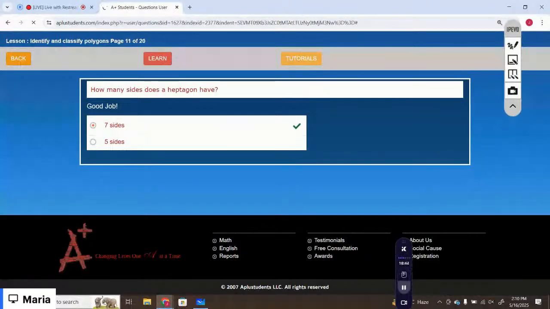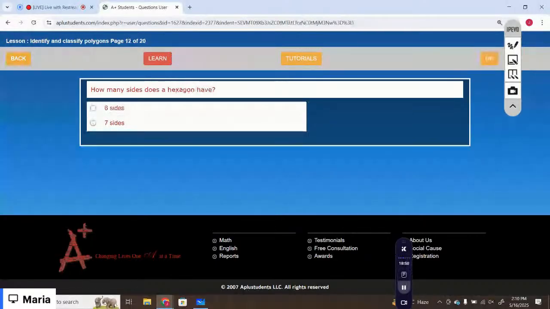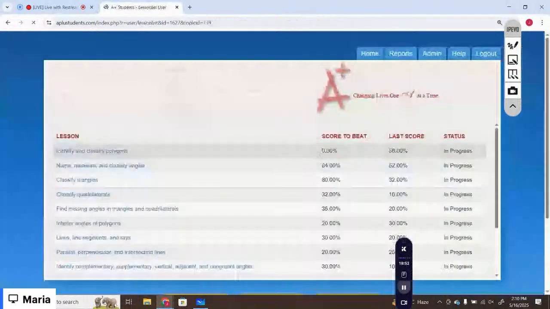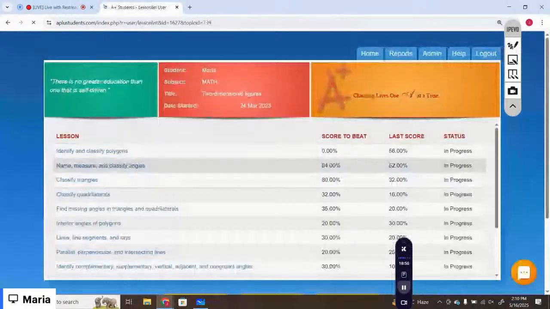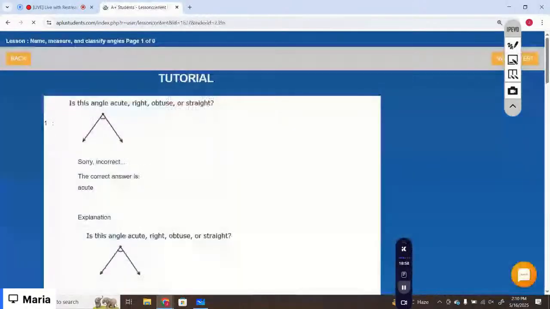Let me just move into the next lesson. The next lesson is name, measure, and classify angles. Is this angle an acute, right, obtuse, or straight?